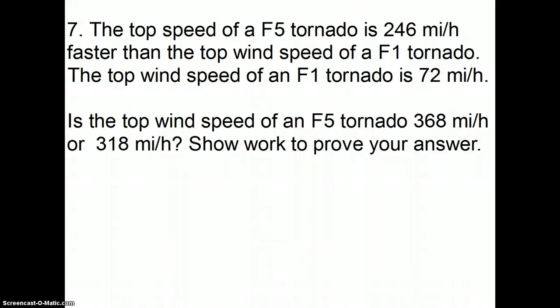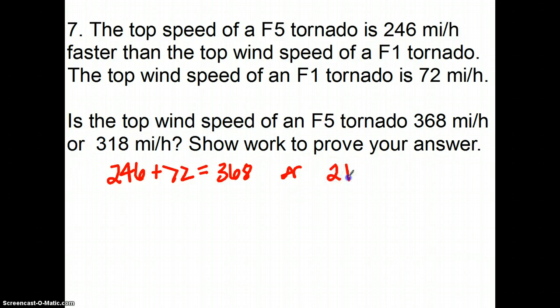So we're going to set this up like 246 plus 72 either equals 368 or 246 plus 72 equals 318. So now I need to evaluate the left side and the right side to see if they equal each other and which one it is going to be.